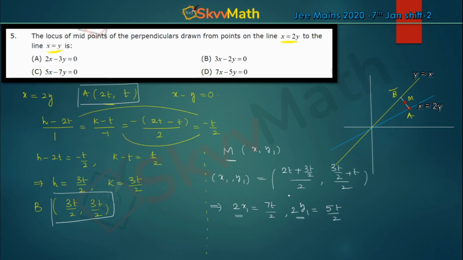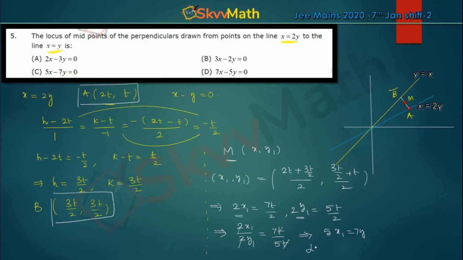Whenever you have a parametric form, you have to eliminate the parameter to get the locus. To eliminate the parameter, I simply divide them. So 2x1 divided by 2y1 is (7t/2)/(5t/2). The 2 cancels, t also cancels. So at the end I got 5x1 = 7y1.